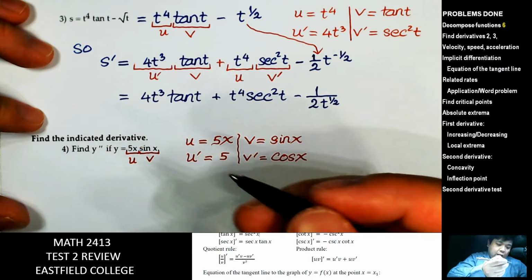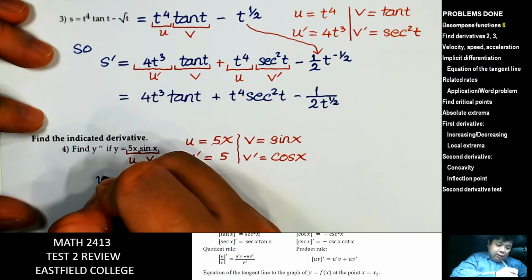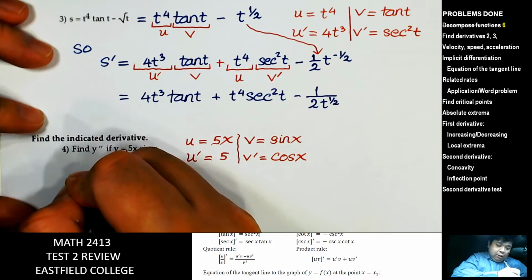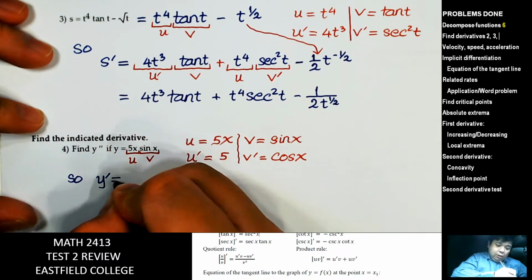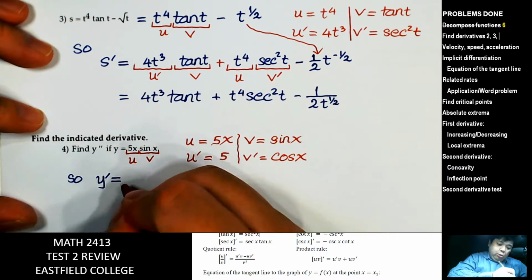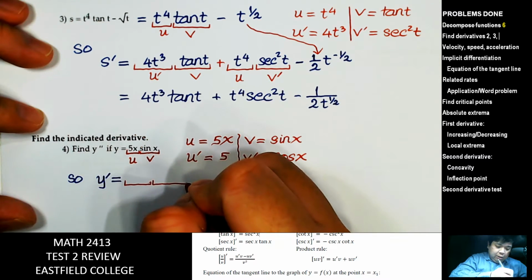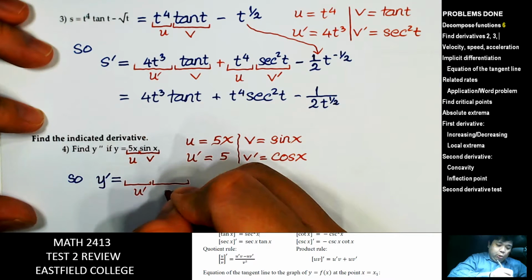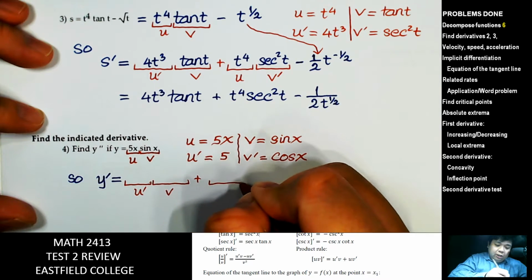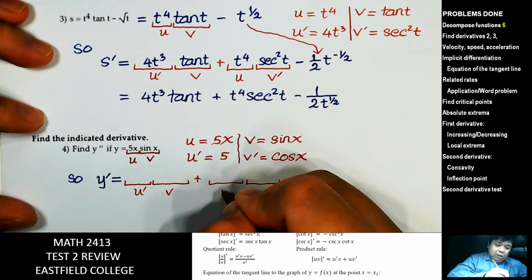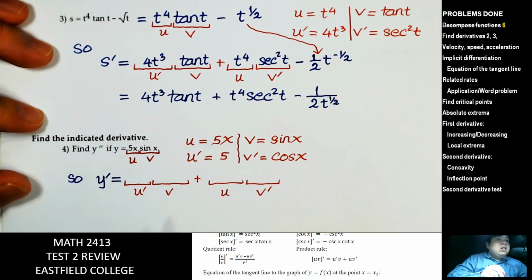Right. So first we take the derivative. So be that u prime v. Of course, on the test you do not need to write all the details like this.